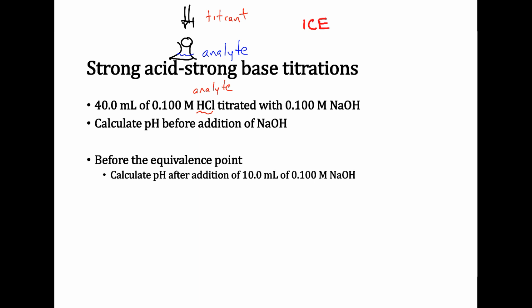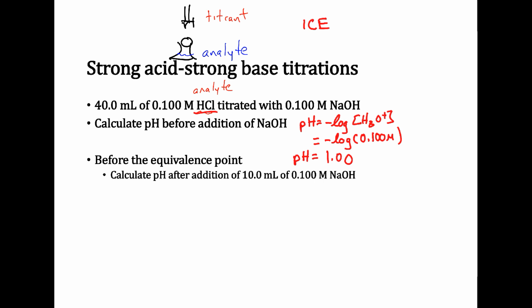Well, we'd recognize that HCl is a strong acid, which means it dissociates completely. So pH is equal to the negative log concentration of H3O plus, and we could just break this up into H plus and Cl minus, so we'd end up with negative log 0.100 molar, and the pH is equal to 1.